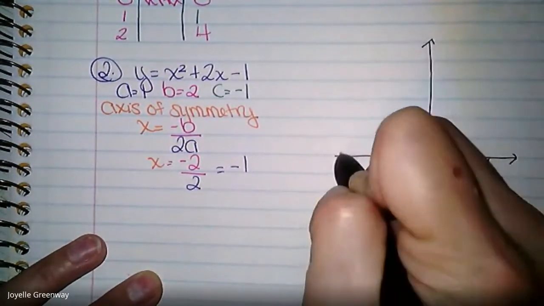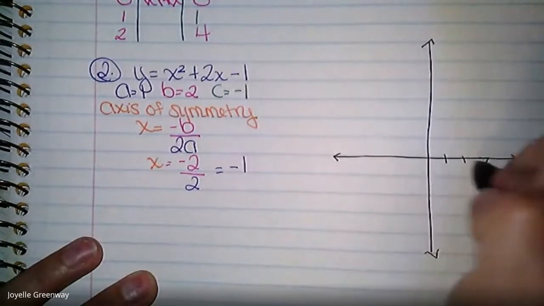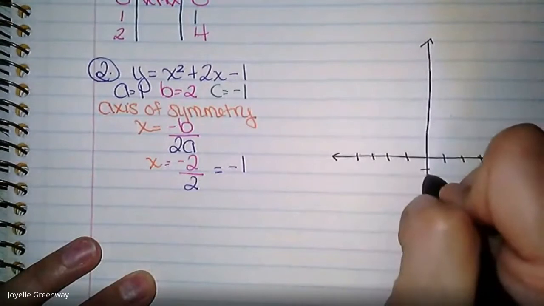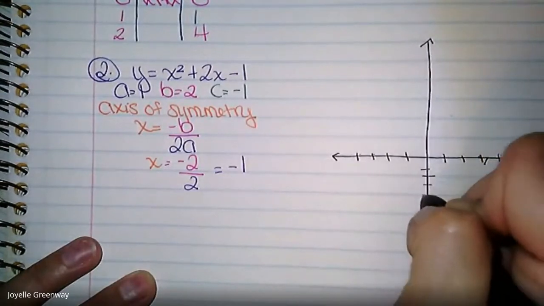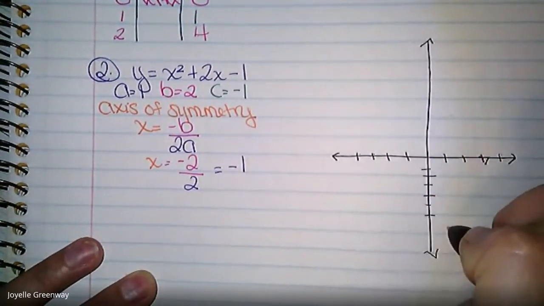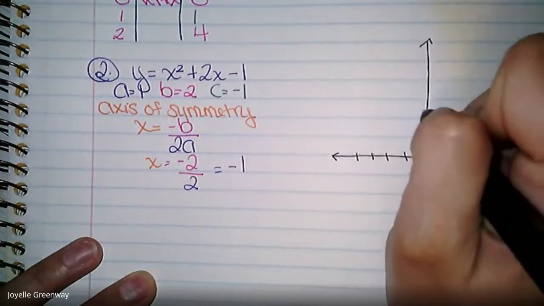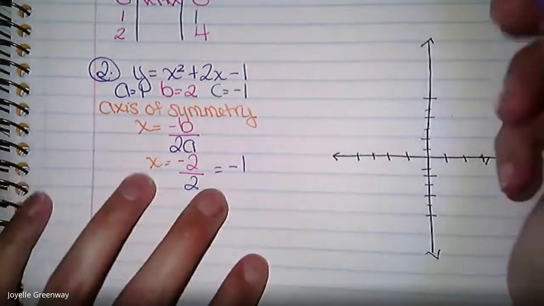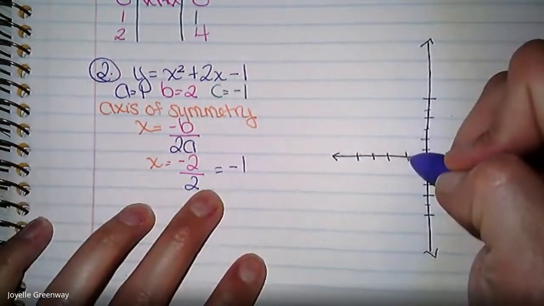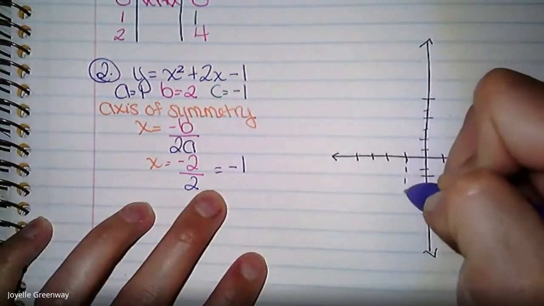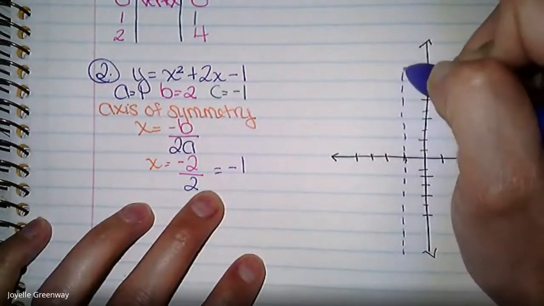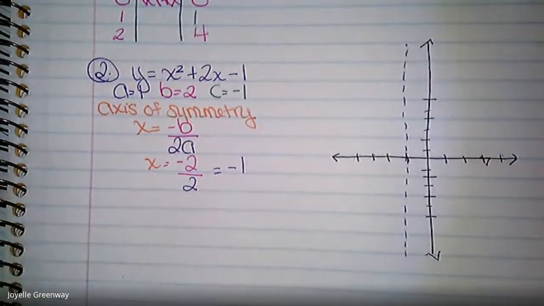But what I do know is that my symmetry line is at -1 on my x-axis. So here is your symmetry line.